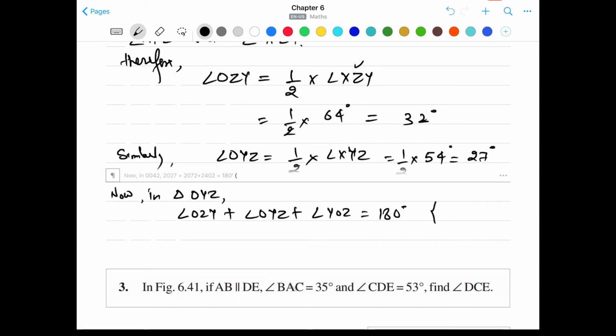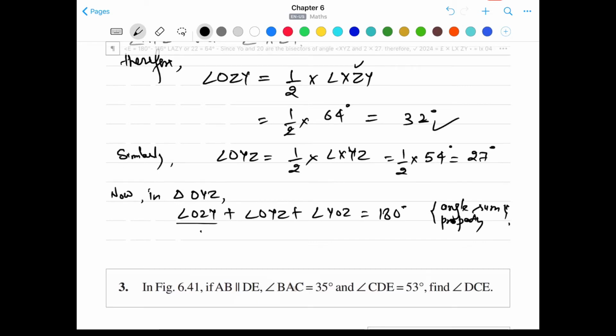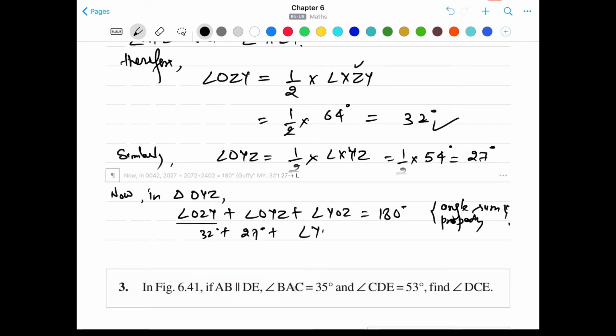This is by the angle sum property of a triangle. Okay, so we have OZY here, which is 32 degrees, plus angle OYZ is 27 degrees, plus angle YOZ we have to calculate.